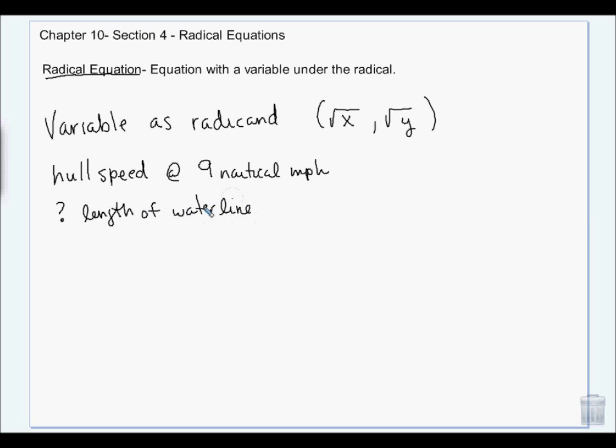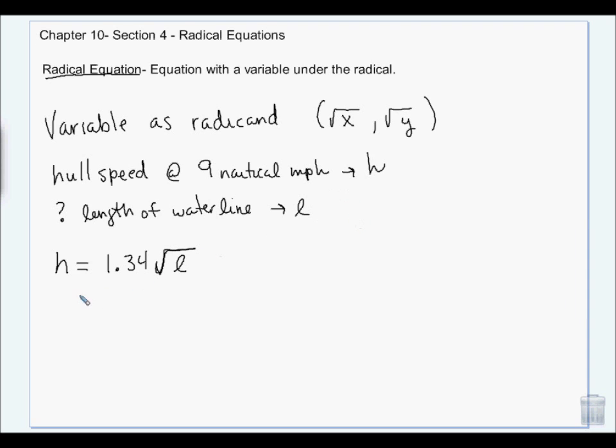Okay. Now, we're given a formula where h is equal to 1.34 times the root of L, where L is the length and h is the hull speed.